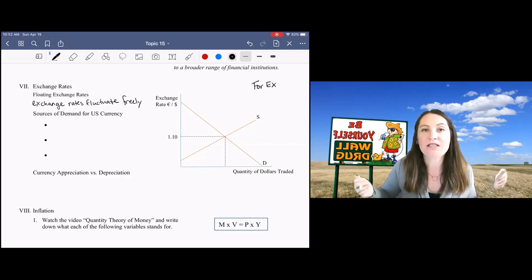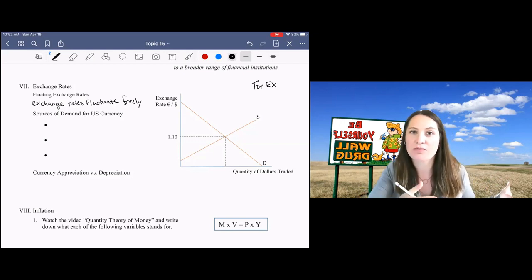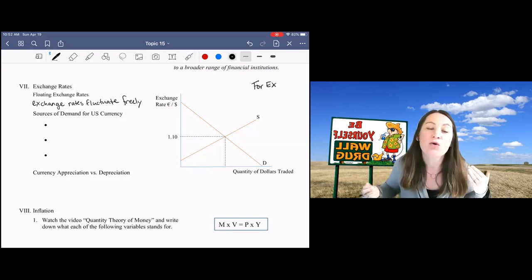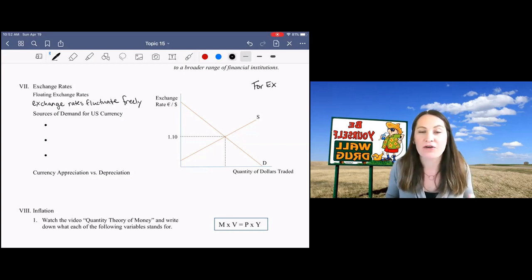We could say, what's the market for dollars in terms of euros? Or we could say, what's the market for euros in terms of dollars? And this leads to a little bit of confusion because we can't say that the exchange rate for euros is increasing or decreasing, because there's really two different ways to write that exchange rate between euros and dollars.